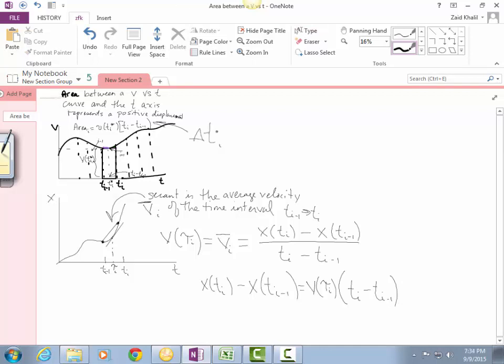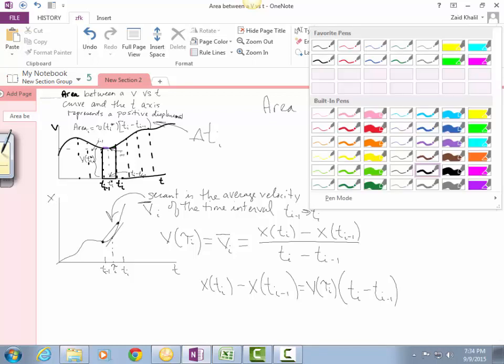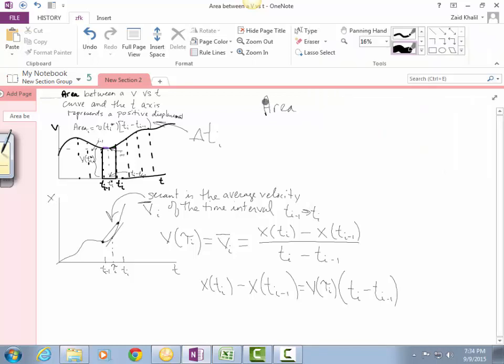So I can now combine both of these. We have the area of the ith interval, which is equal to v at t_i star times delta t_i, meaning the change in time of the ith interval.